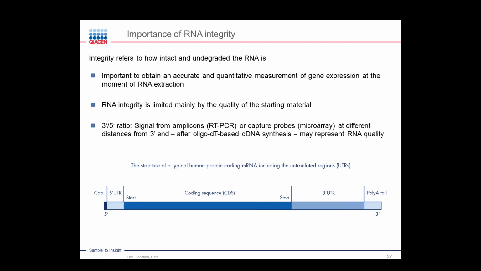Whereas with partially degraded RNA, the cDNA synthesis will generate shorter or fewer fragments in proportion to the degree of degradation. So for instance, depending on the degree of degradation, you will obtain longer or shorter amplicons.